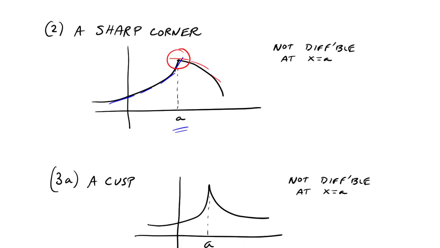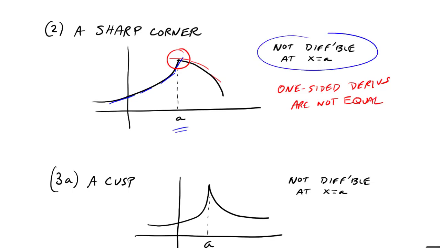Okay, so in essence, we could say that the one-sided derivatives are not equal. And as a result, it's not differentiable at that point. Okay.